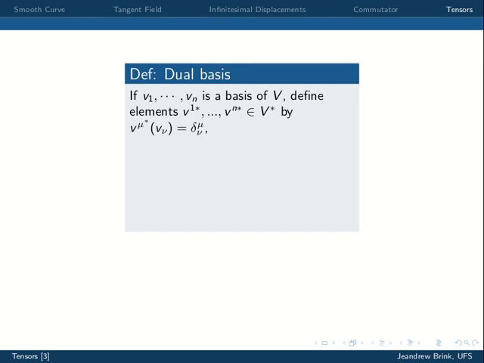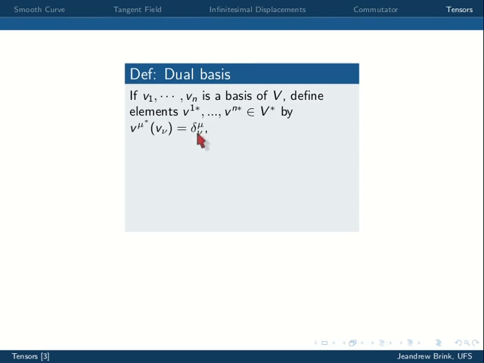So you are defining your dual vector basis from its action on the vector basis that you already have. For example, you look at all the basis vectors for your vector space, and then you say you have elements in your dual basis, and their property is that if you take the first element in your dual basis and apply it to the first element in your vector basis, you get 1.